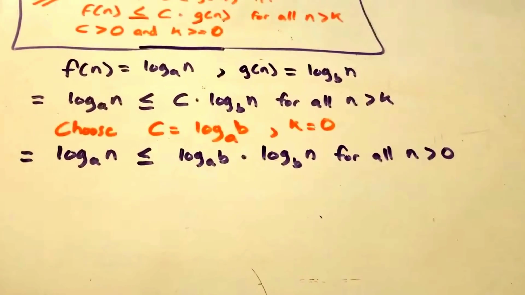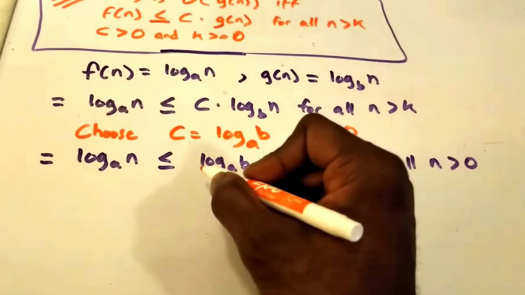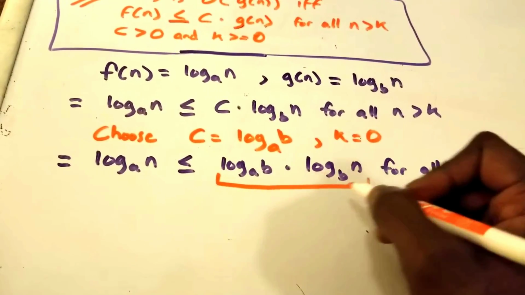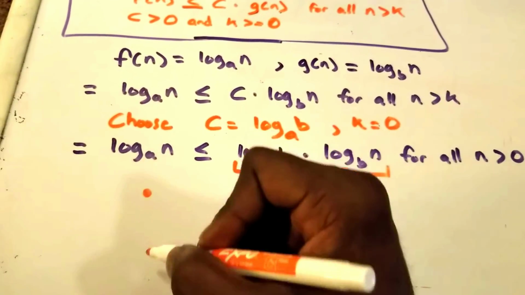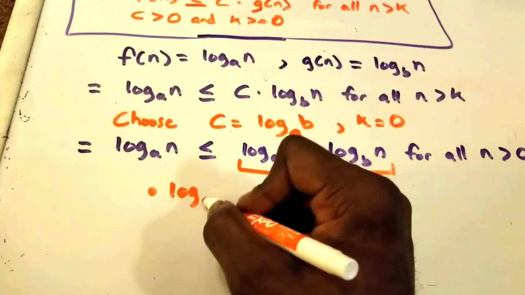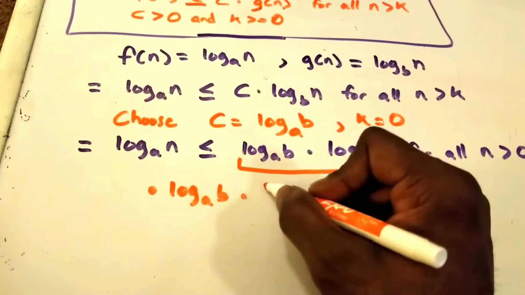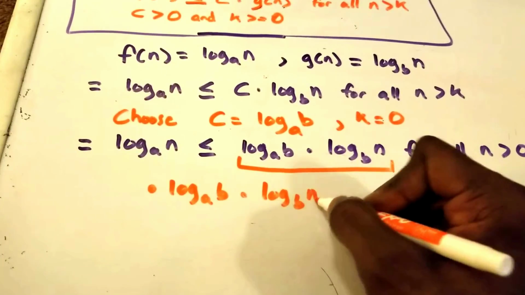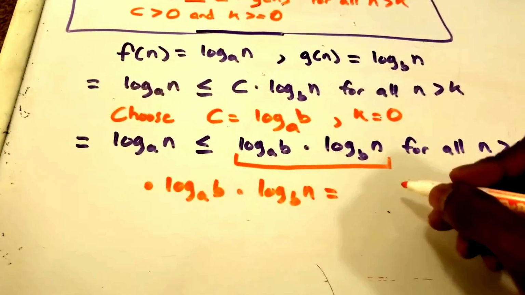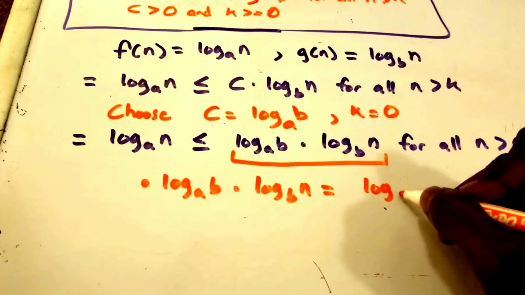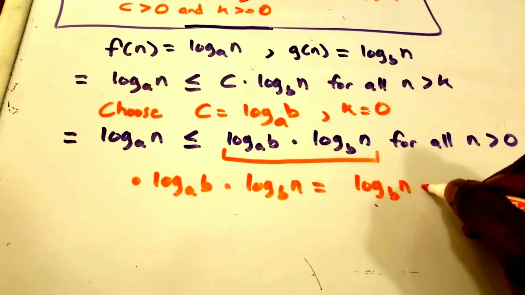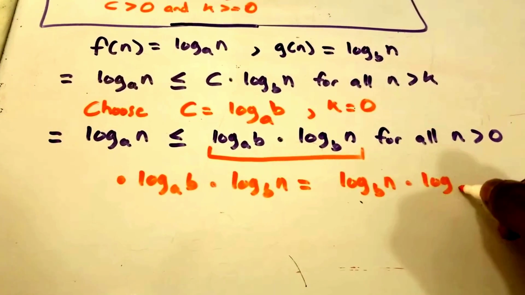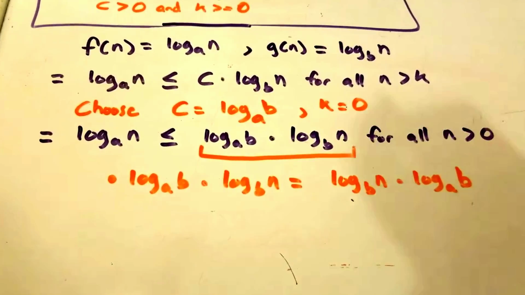All right, now you'll notice something special here on the right-hand side of the equation. Well, let's see, maybe you don't notice, so I will show you guys here. So log base a of b times log base b of n is equal to log base b of n times log base a of b.